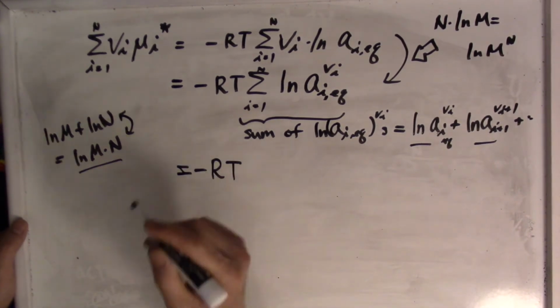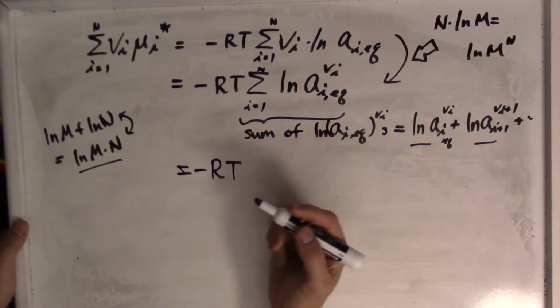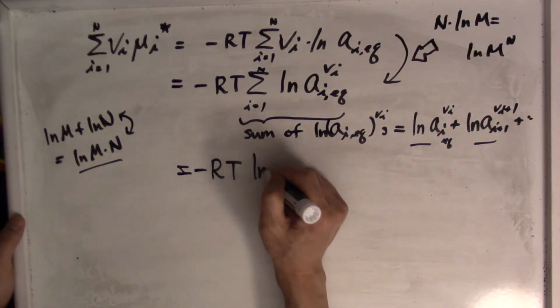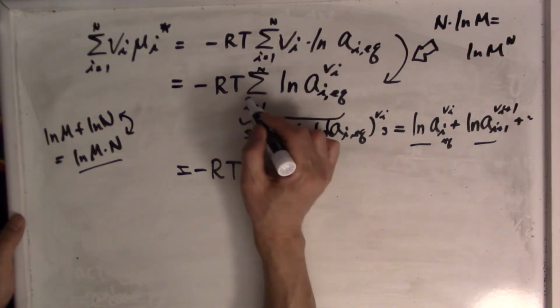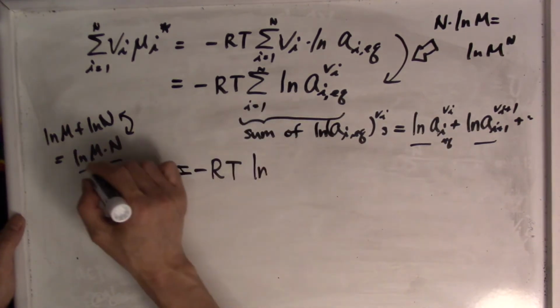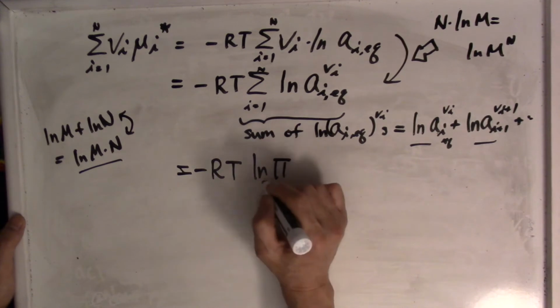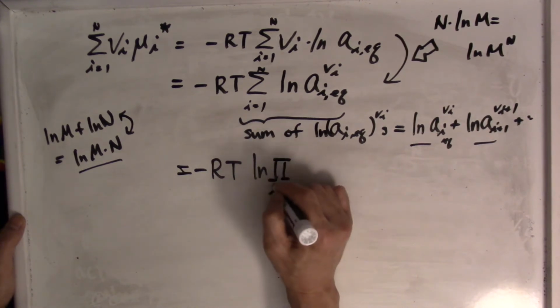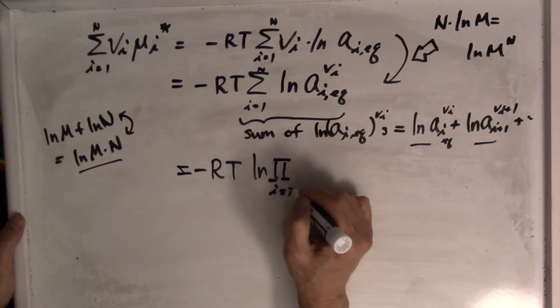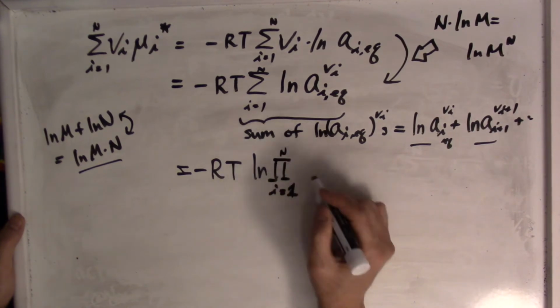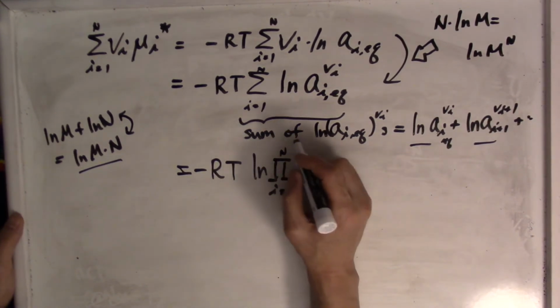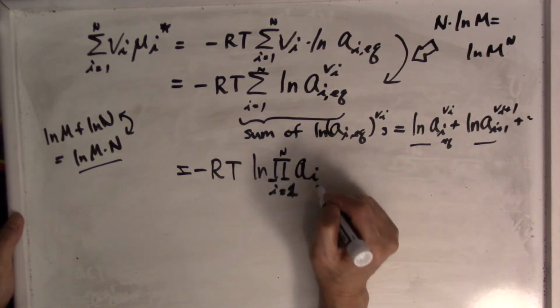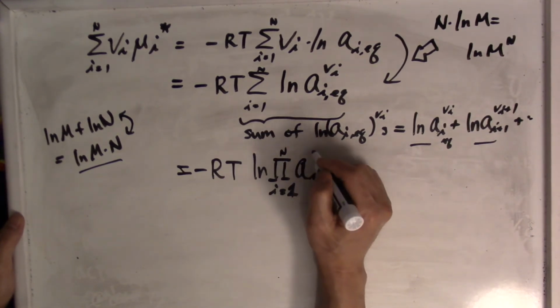And of course, you're not taking calc 2, but there's a symbol for a series of addition, sigma, and a series of multiplication is called pi. So going from 1 through n, it's the natural log of the pi of the activity of i at equilibrium to the nu_i.